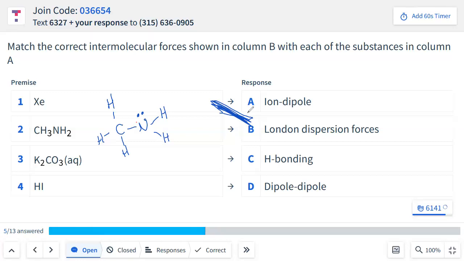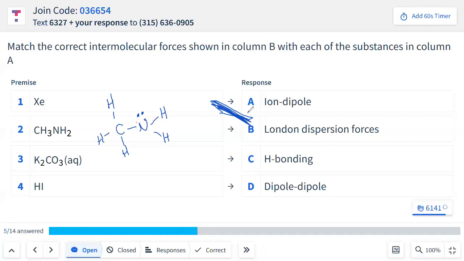So when it comes to atomic substances, they can't form dipoles on their own. They can only form dipoles when they bond. So for xenon, the only forces that could possibly exist are those dispersion forces, the ones that come from the random movement of electrons. Okay, so that's a good first pair.